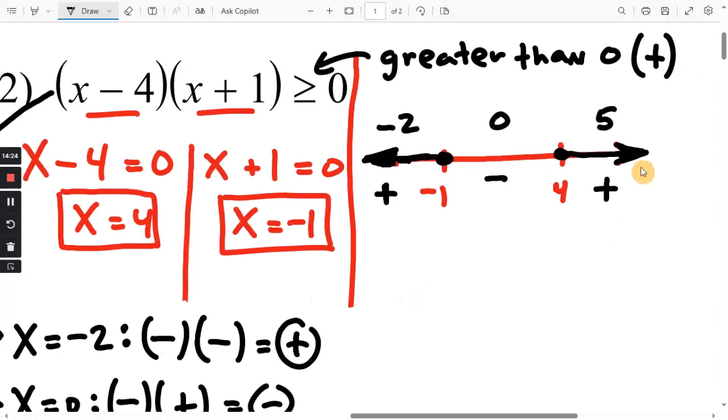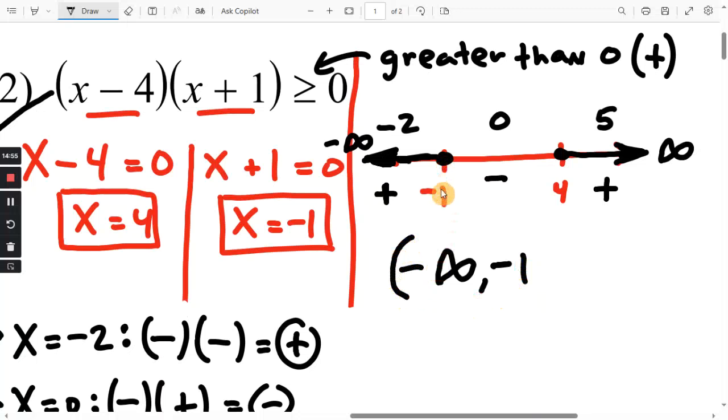And remember, on the right, you have positive infinity. And on the left of the number line, you have negative infinity. All right. So remember, you go left to right. So on the left, it's negative infinity. And that runs all the way to -1. Always use rounded parenthesis for infinity.